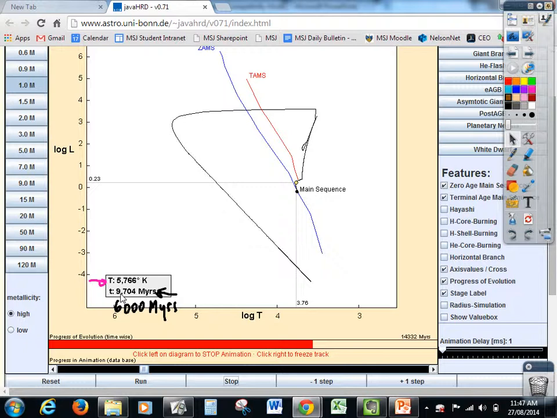At this point here, it's getting hydrogen to burn in its core difficult. It's looking around for as much hydrogen as it possibly can. Notice what's happened to its temperature. It's dropped. Why should it drop? Because it's not producing as much. It's not fusing as much because it's struggling to find fuel.